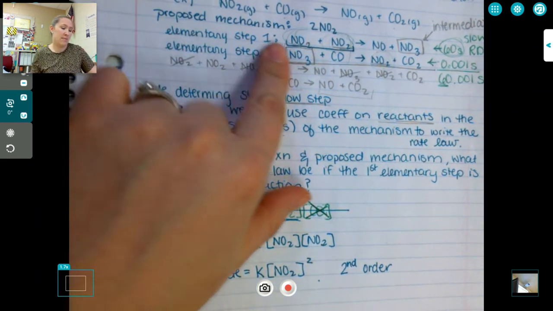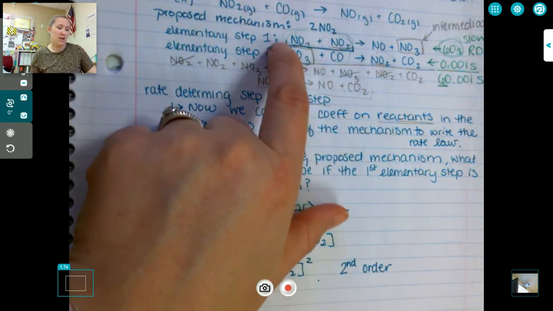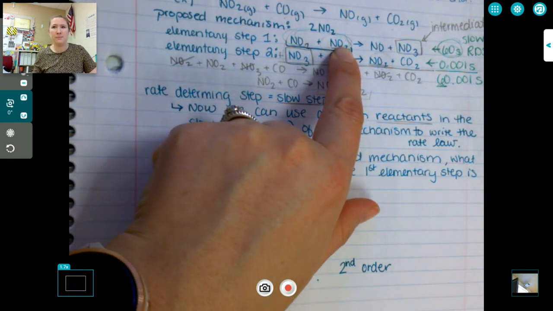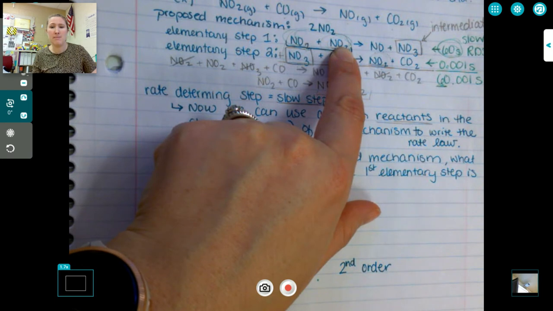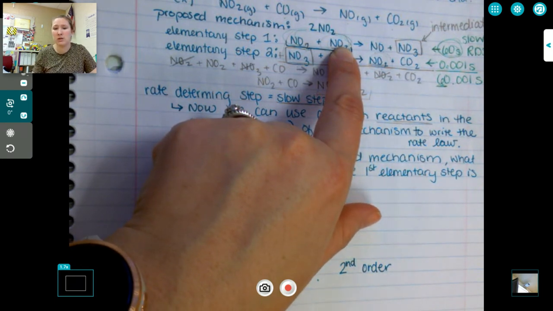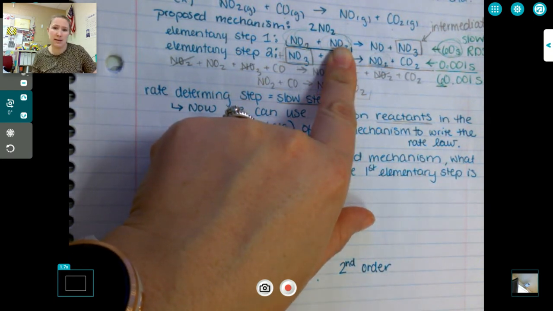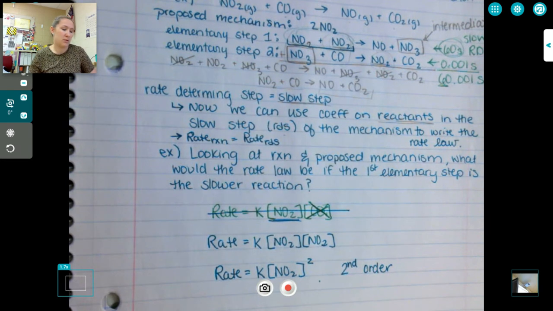Then I would start to look at my elementary steps and say, well, if this is my slow step, that doesn't give me a rate law that matches the actual rate law, so this cannot be a proposed mechanism. And that's a way for us to start to figure out what's happening, even though we can't actually see it happening.